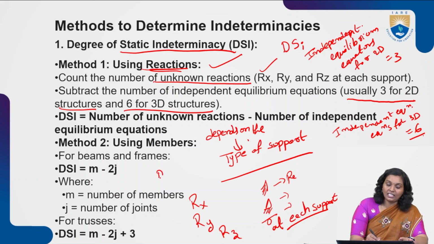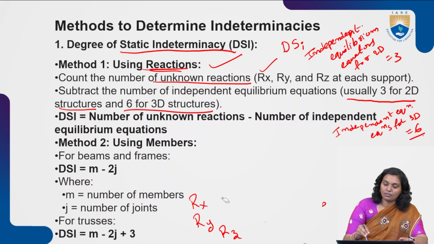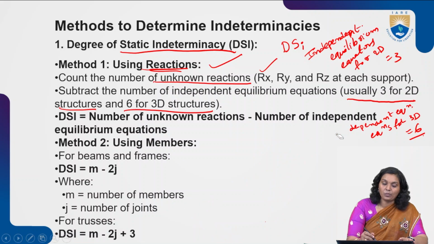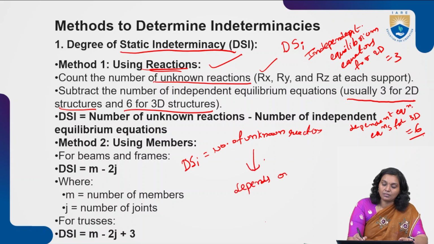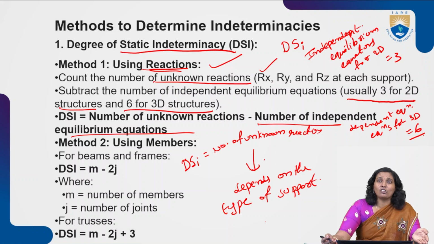Now the formula: the degree of static indeterminacy is equal to the number of unknown reactions, which depends on the type of support, minus the number of independent equilibrium equations, which is 3 for a 2D structure and 6 for a 3D structure.